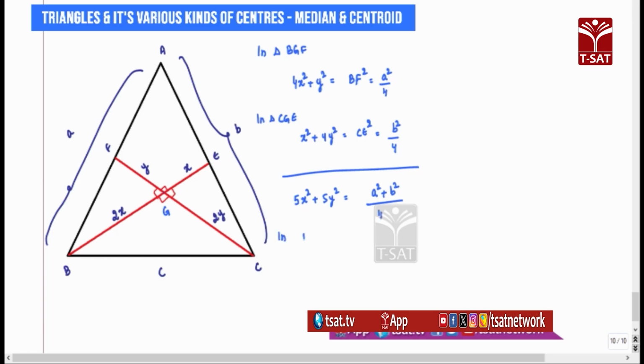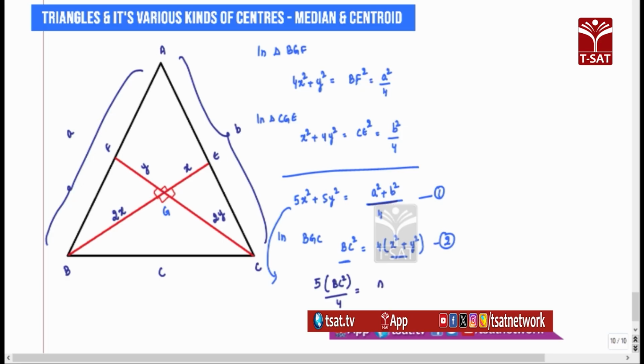In triangle BGC, use the Pythagoras rule. BC square is equal to 4 into (x square plus y square), because 2x whole square plus 2y whole square. Equation number 1, equation number 2. From this I can say x square plus y square is BC square by 4. So substitute in this: 5 into BC square by 4 is equal to (A square plus B square)/4.